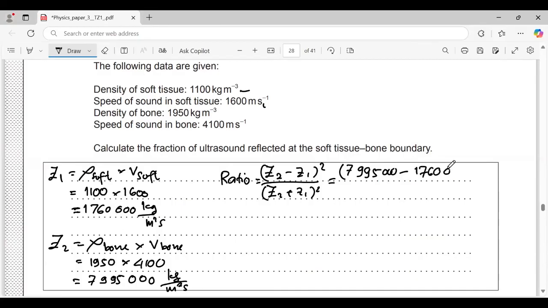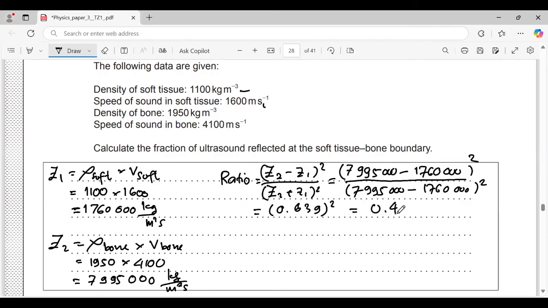This number over 7,995,000 plus 176,000, and then if you calculate this squared, I have calculated this, and the result is 0.639. It's going to be 0.408, rounded to 0.41. That one.